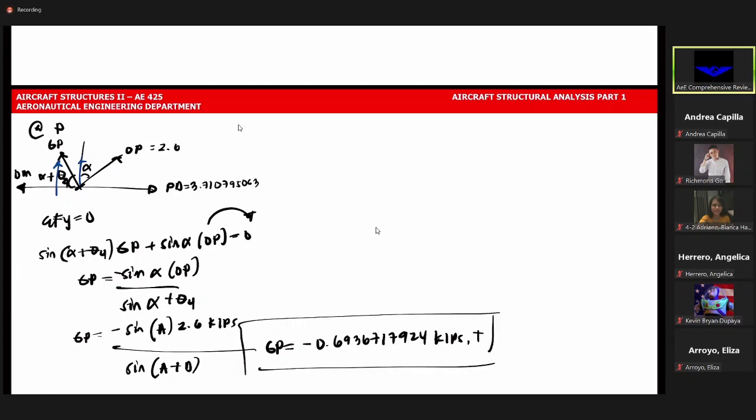Okay? Then, summation forces X is equal to 0. Meron tayong negative DM, positive PD, negative cosine alpha plus theta sub 4 times GP, and then plus sine alpha.